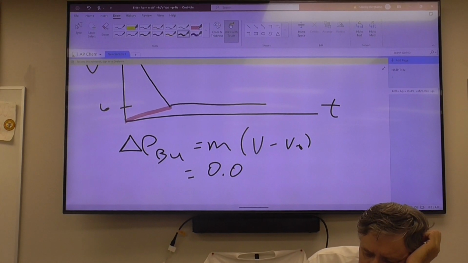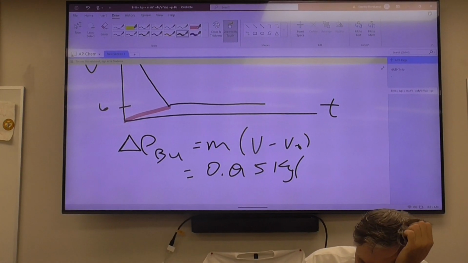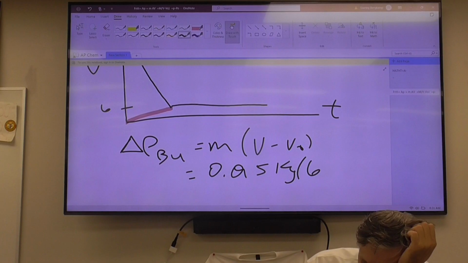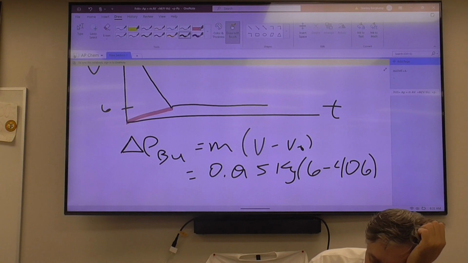So that's 0.015 kilograms. The final velocity was 6. This worked out actually rather well. 406. So somebody take 6 minus 406 and multiply that by 0.015.